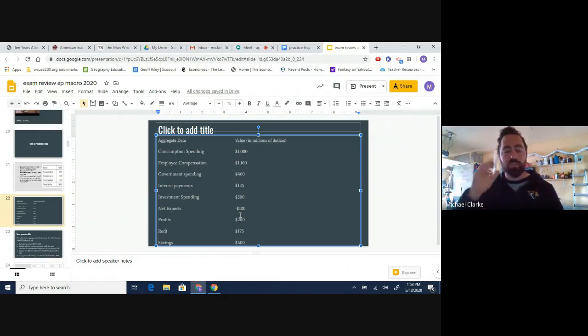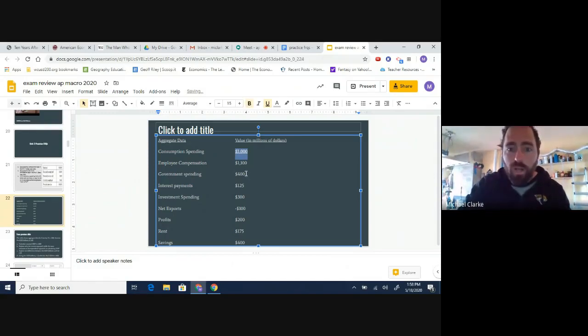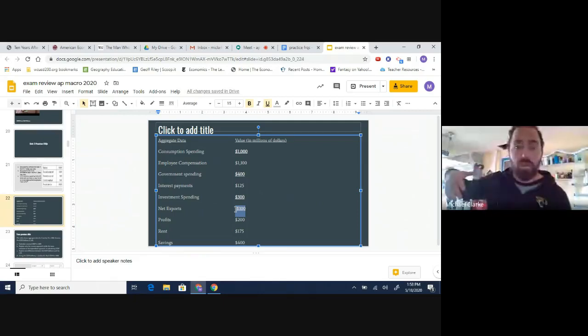So let's do the expenditures method first. What are we counting here? Well, we're counting consumption, government spending, and investment spending. We're subtracting, in this case, because your net exports are negative 100. That means people are buying more foreign goods than are being produced here.